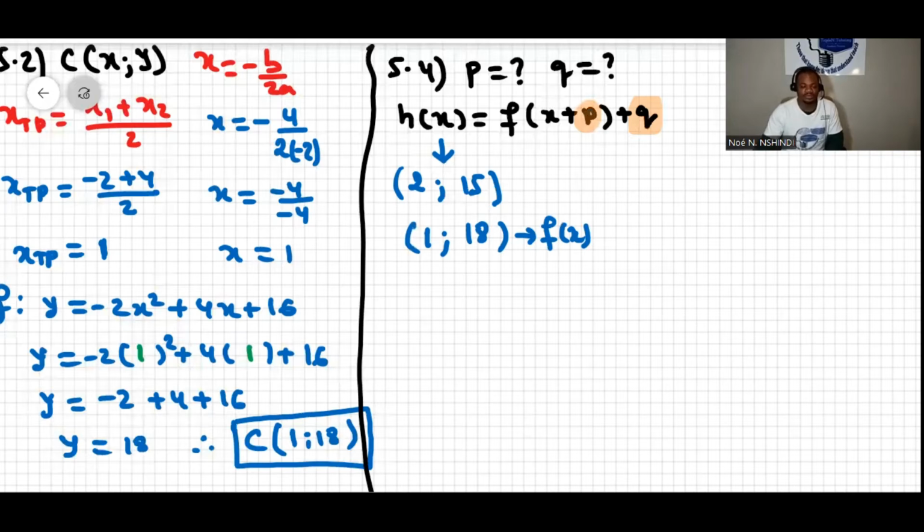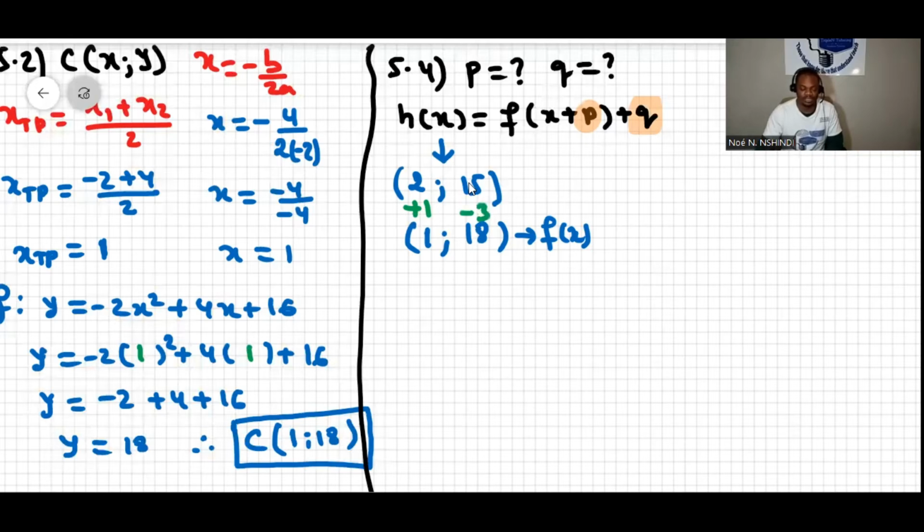From 1 to 2, it means that we plus 1, but remember this is the horizontal shift. And from 18 to 15, meaning we minus 3.